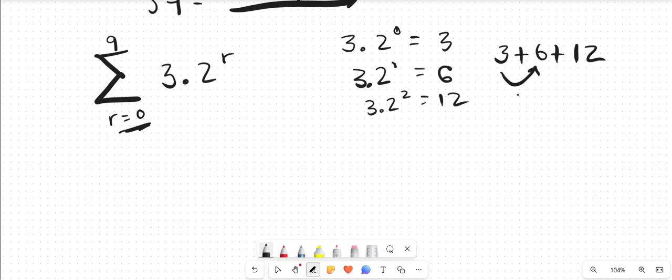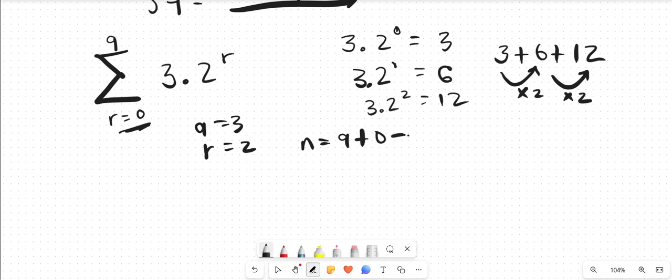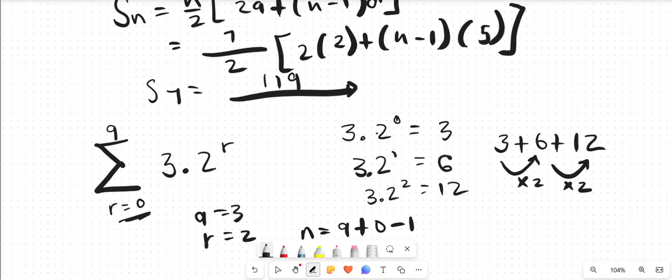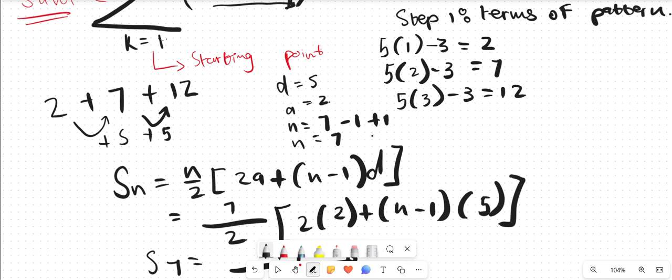So clearly this is a geometric pattern where they're multiplying by 2 in each of these cases. So a is 3, our r is 2, and our n equals the 9, the top, plus the bottom, minus 1. Wait, what is the formula again?